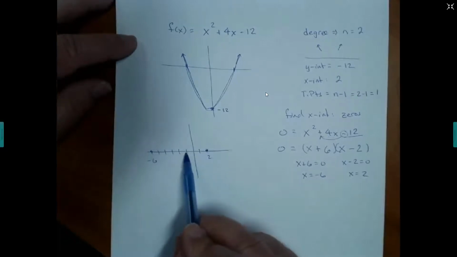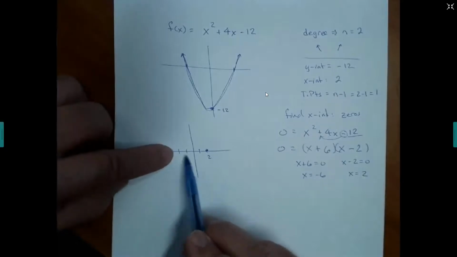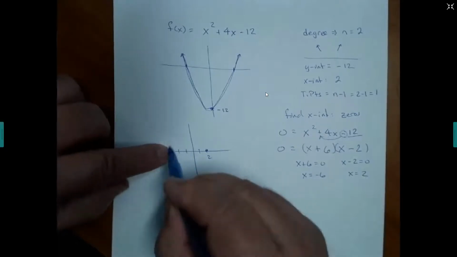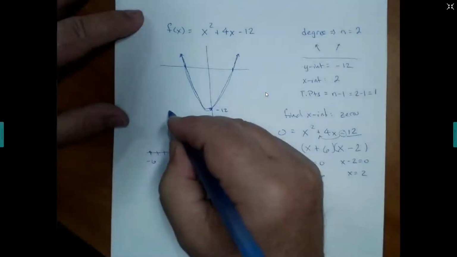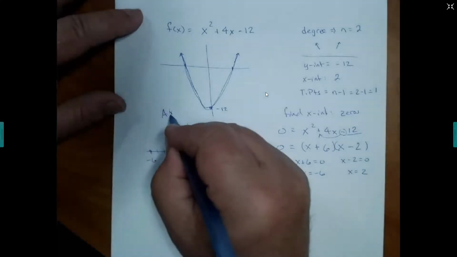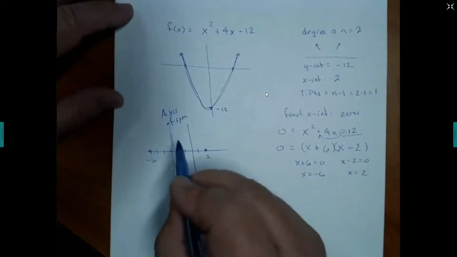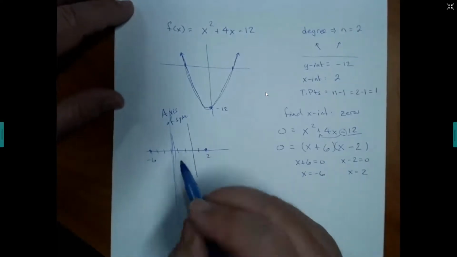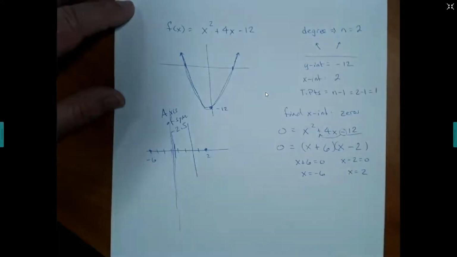So 1, 2, 3, 4, 5, 6, 7, 8. So 1, 2, 3, 4. 1, 2, 3, 4. So this is our axis of symmetry. Our vertex will be somewhere here, at negative 2.